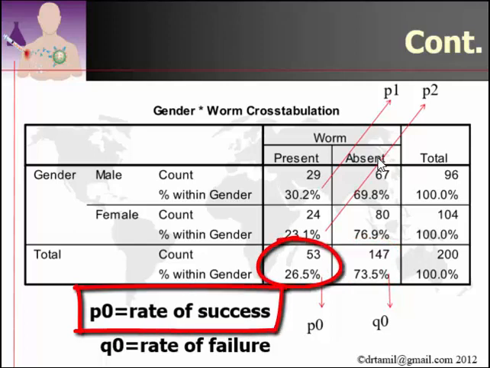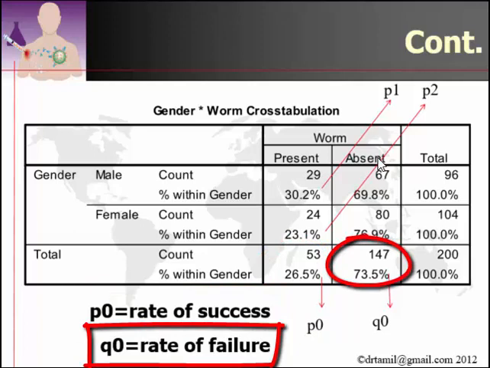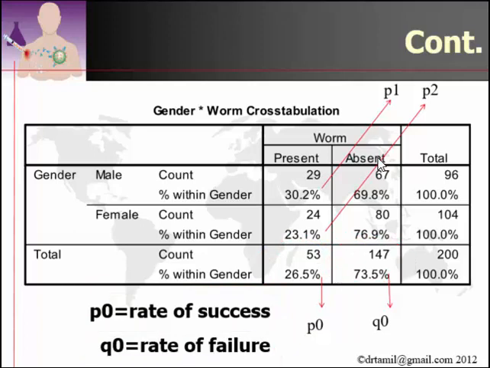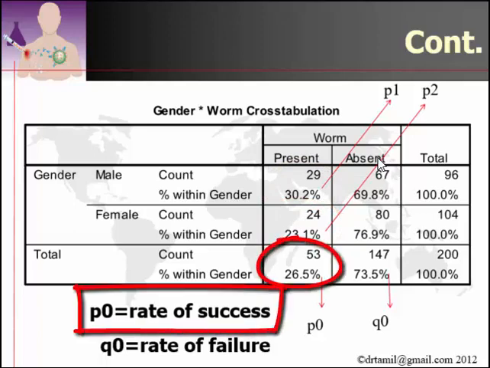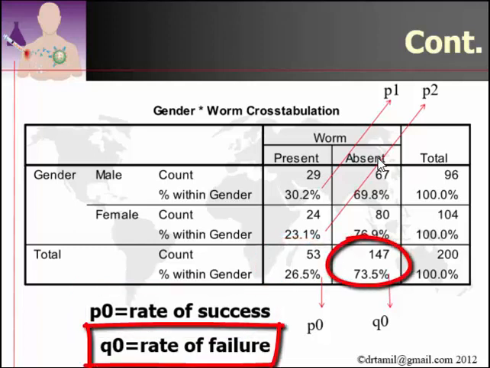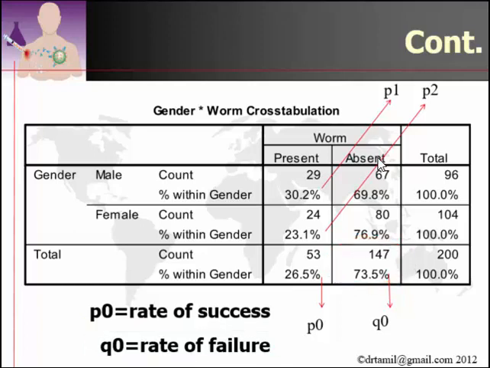PO is the rate of those infected. QO is the rate of those not infected. P1 and P2 are the rate of infected in population 1 and the rate of infected in population 2. So the rate of success, the rate of those infected, is 26.5%. The rate of failure, the rate of those not infected, is 73.5%.